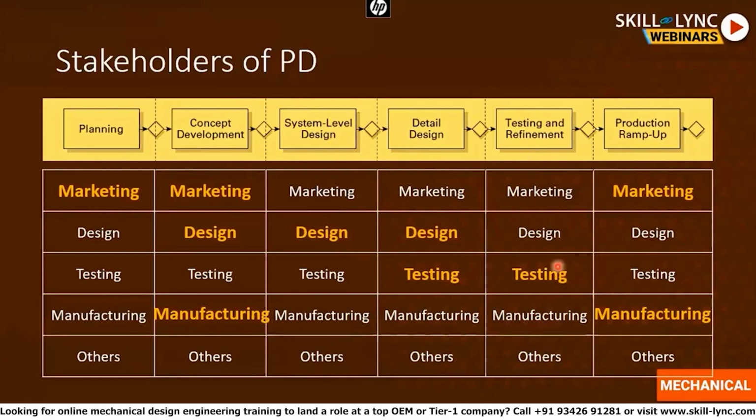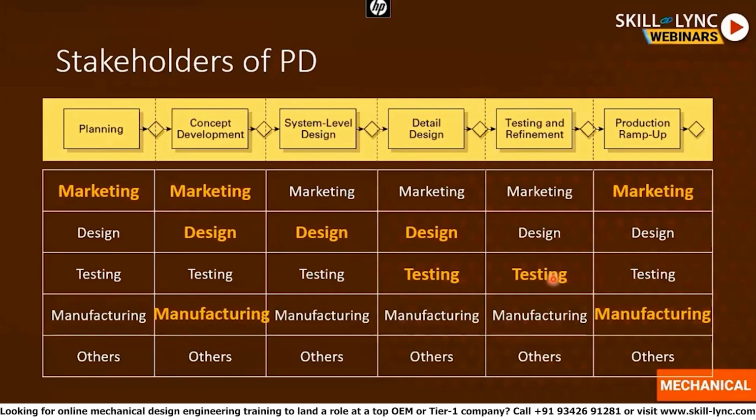Here the testing department will put their full efforts to find out whether the product meets the market requirements, and if it doesn't meet, give feedback to the design team, get some design solutions, get it updated, and do the testing again. And everything should be done within the planned timeline.